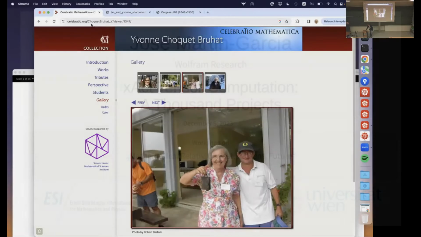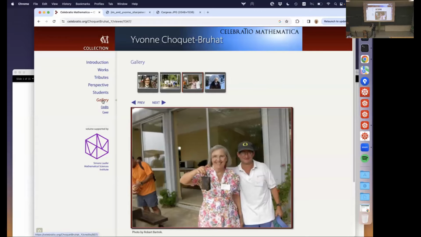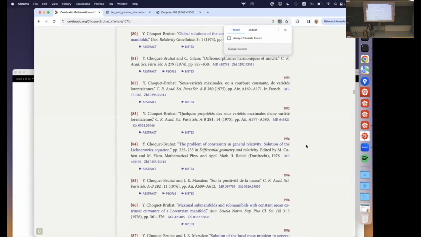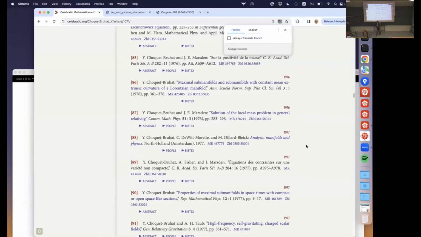And so what I'd like to do is introduce Jose Maria Martin-Garcia. He's actually an excellent scientist, which would be good enough to have him around here. But one of the reasons is also that we co-wrote several papers with Yvonne. There's a complete list of papers here, and if you go towards the end, you can see several papers that I had the privilege and honor to write with Yvonne.